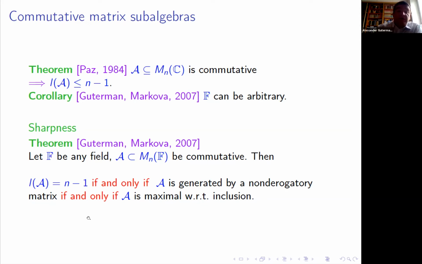So it turns out that the following three conditions are equivalent. Length is equal to n-1. So maximality with respect to the length function, maximality with respect to inclusion is equivalent to it, and the fact that the algebra is generated by a non-derogatory matrix.